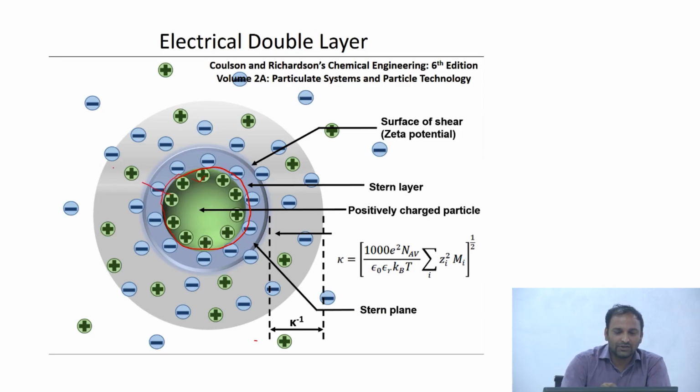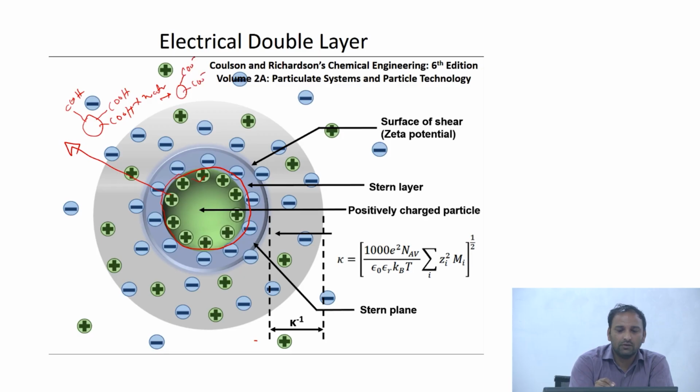One of the ways of acquiring charges is, say, a particle which has COOH groups on the surface. The moment I put this in water, it is going to dissociate and give a particle that is negatively charged. Similarly, I'm going to have 3 H plus ions, that's what I call counter ions. Now that's a negatively charged particle, and these are the positively charged counter ions.